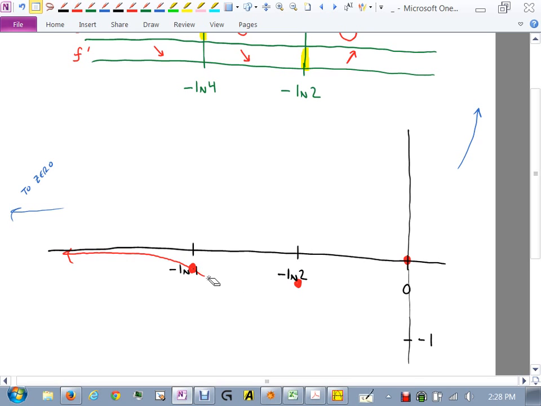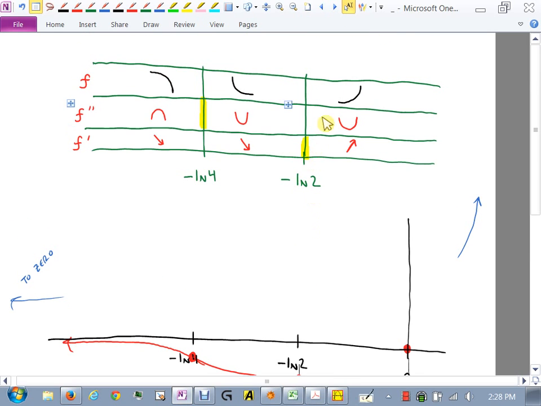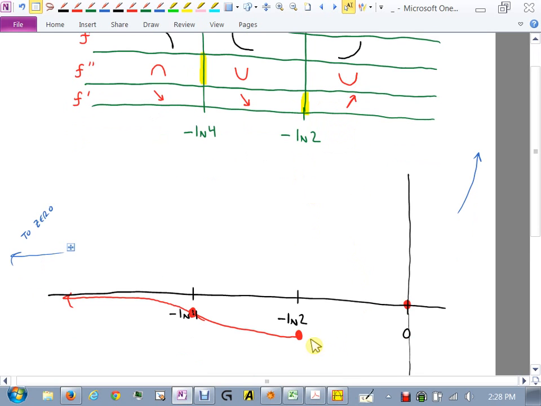It's because the points are so close together. What I'm doing is I'm going to move this one down just slightly to exaggerate it. There we go. That looks a little bit better to me, like the left side of a smile. And then once I get here, right side of a frown, right side of a smile, all the way through here, continuing that pattern and going up forever.